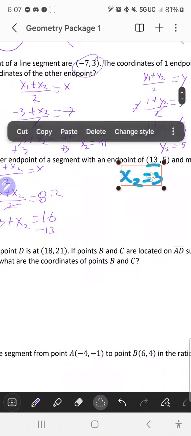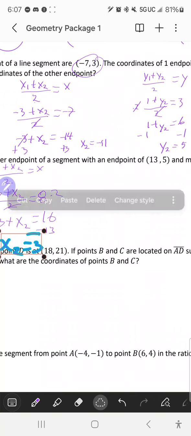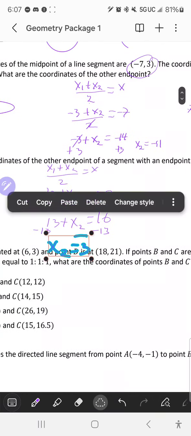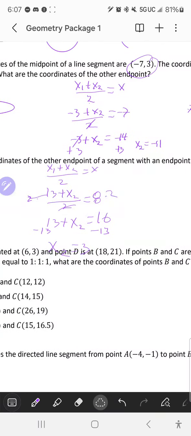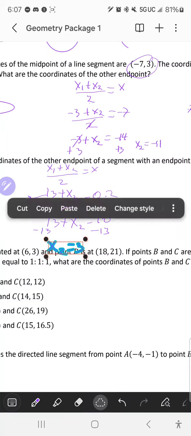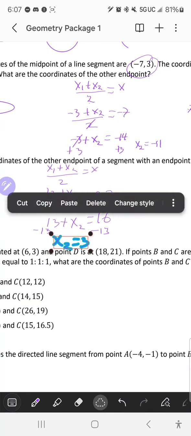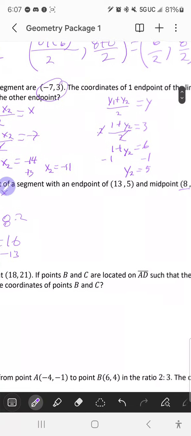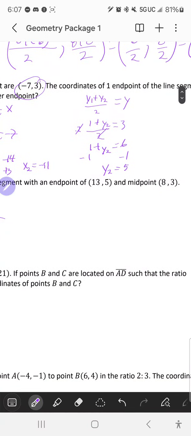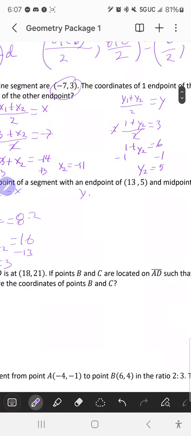Now let's calculate for the y value. Okay, the y value is basically the same. So we have y1 plus y2 divided by 2 equals y.